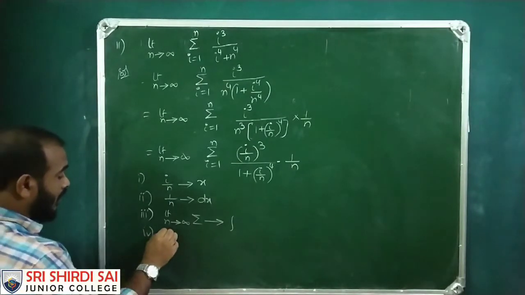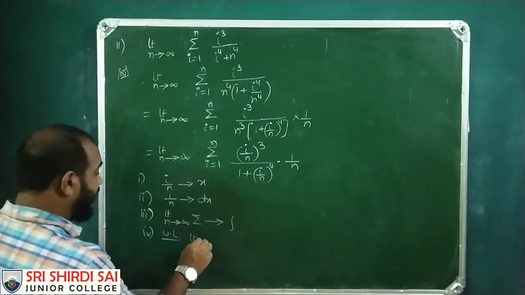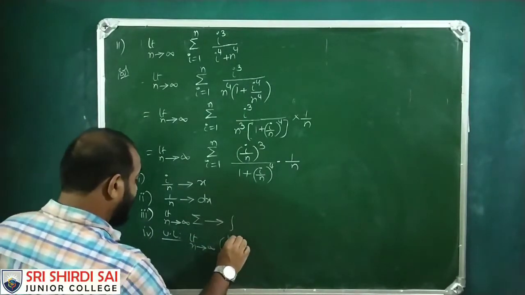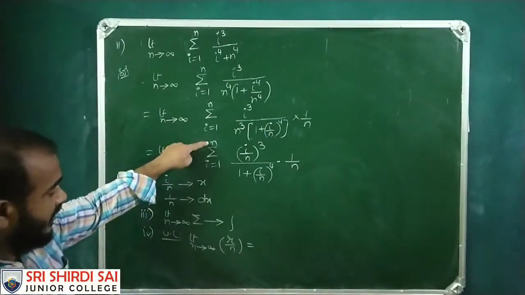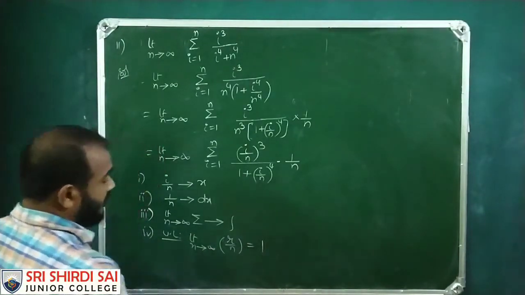Fourth, the upper limit is limit n tends to infinity of n by n, so 1, this is the upper limit.